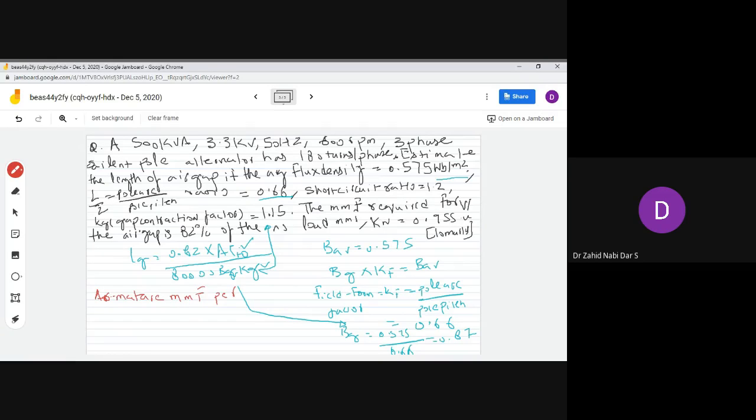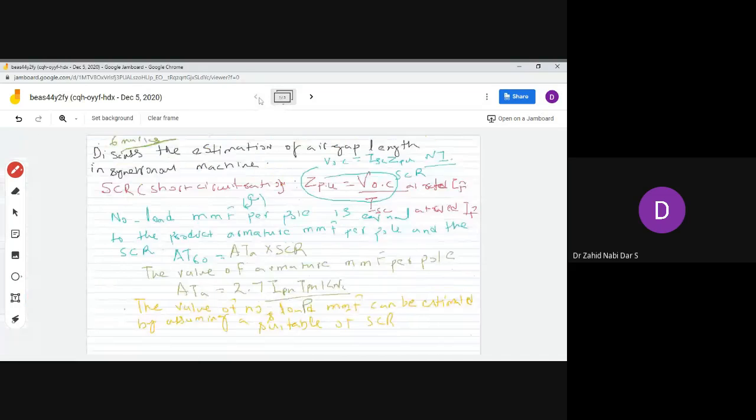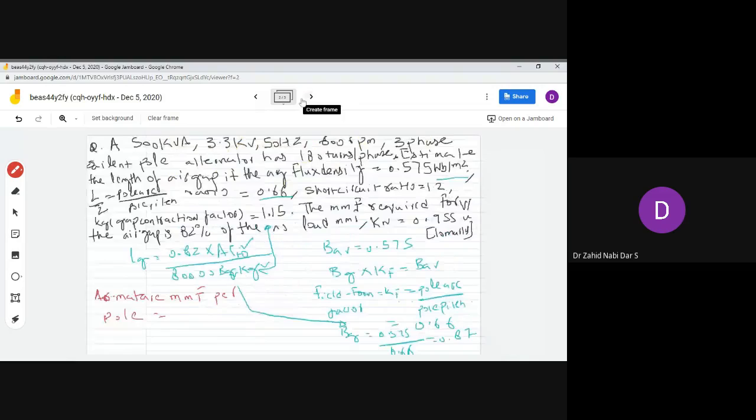Armature mmf per pole would be equal to, tell me. In the previous session also when I was calculating this, it was 2.7 I phase T phase kW into P. This formula we derived in the induction motor section. So armature mmf per pole is 2.7 into I phase, T phase kW by P.